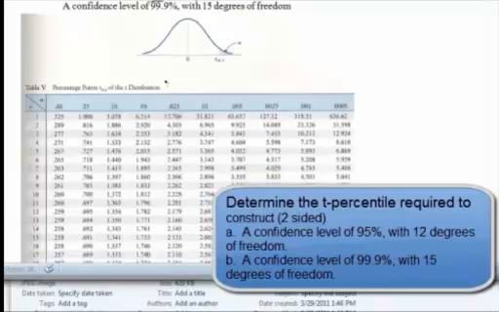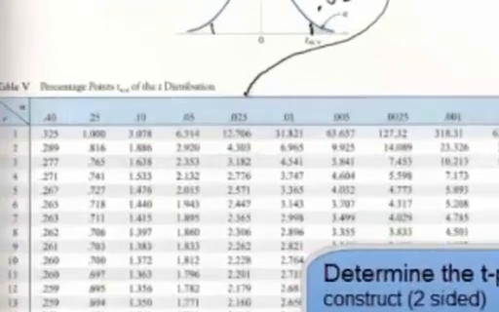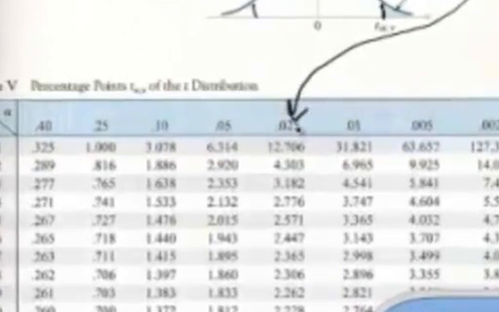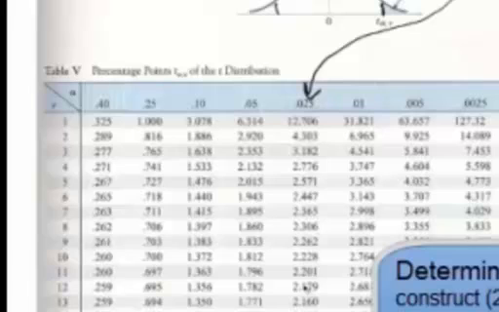A confidence level of 95%, and remember it's two-sided, means the tail level is 5% essentially. So because it's two-sided, it's going to be 0.025 here. So we go down, there's 0.025, and then we want to see what that t value is. They tell us it's 12 degrees of freedom, so it's got to be right here.